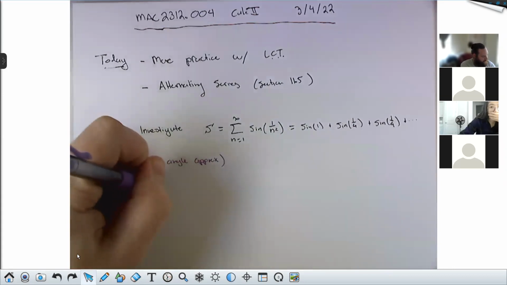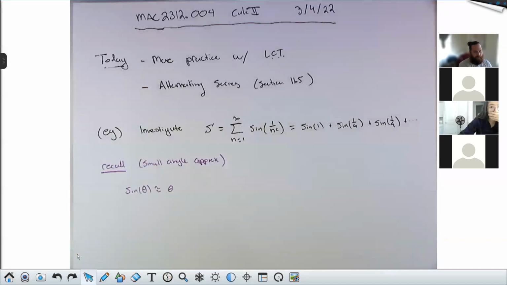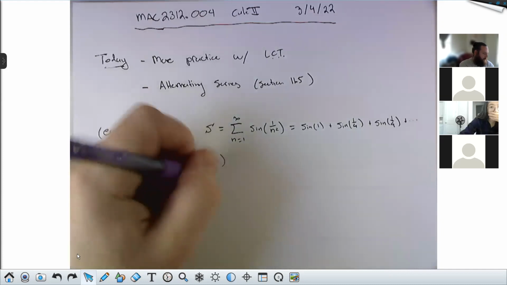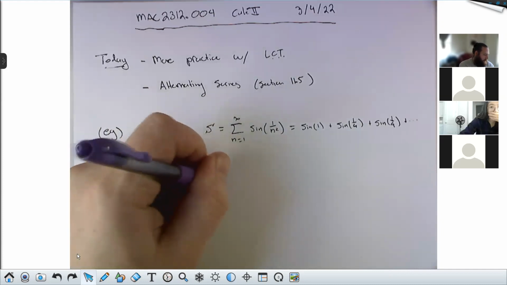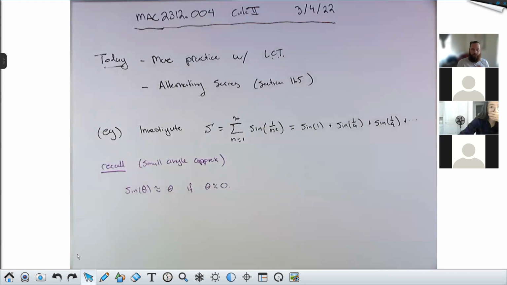The sine function is basically equal to its inside if the inside is close to 0. This is used a lot in physics, like when you learn about pendulums in Physics 1. You'll use this small angle approximation, and it is something that we do in Calc 1 as well.